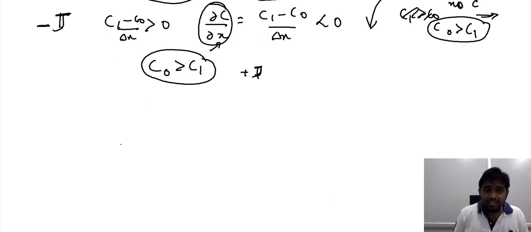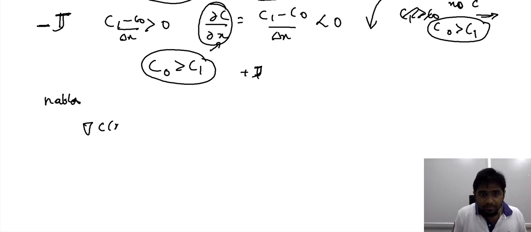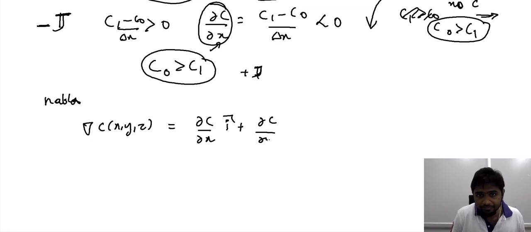The way the gradient is represented is by the nabla here. So the gradient of this function, the concentration in a heterogeneous system, comprises the partial derivatives and includes a directional component to it.